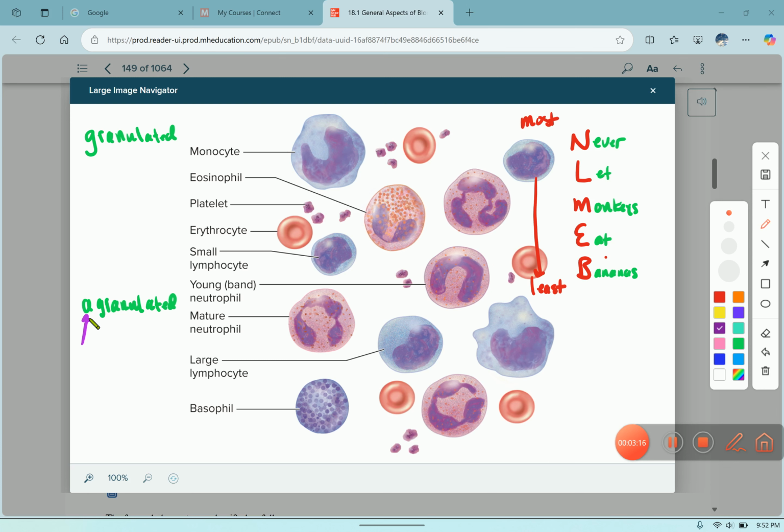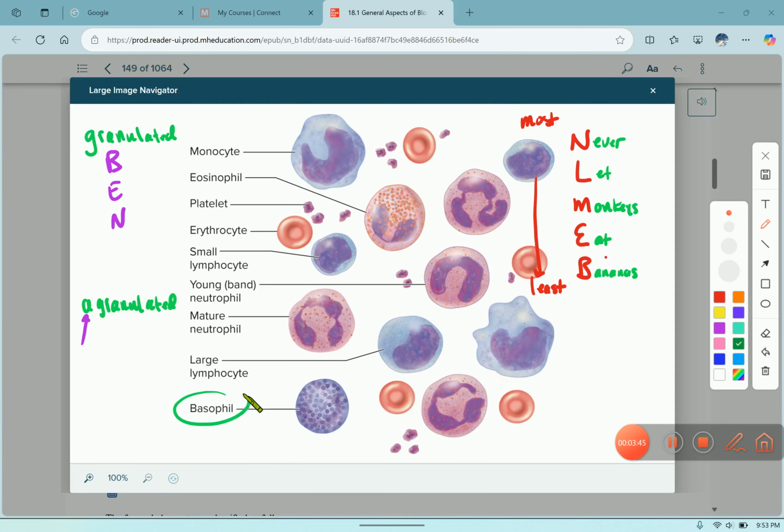So the agranulated would be without granules, and the granules are the freckles that you see on these white blood cells, and there's 3 of them. So the granulated ones are what I call the bens. So nothing but the Benjamins or the bens. And that would be basophils, eosinophils, and neutrophils.